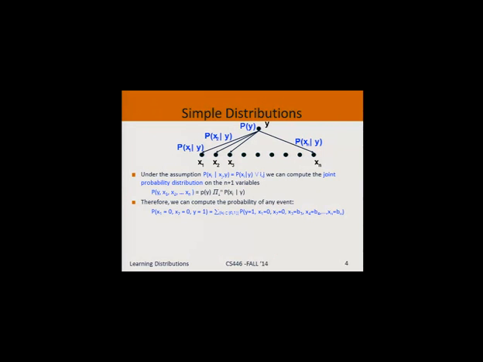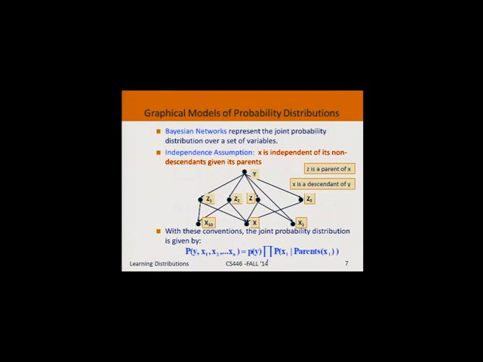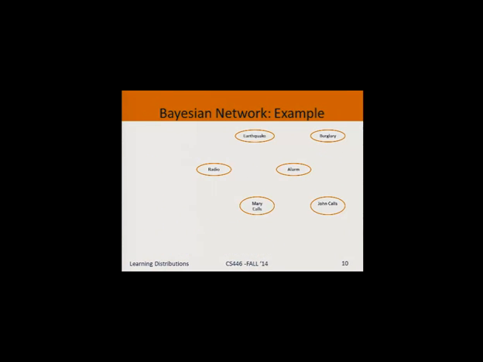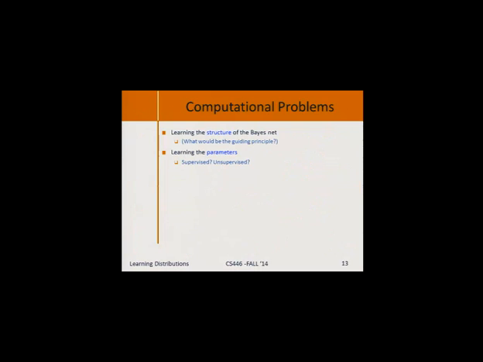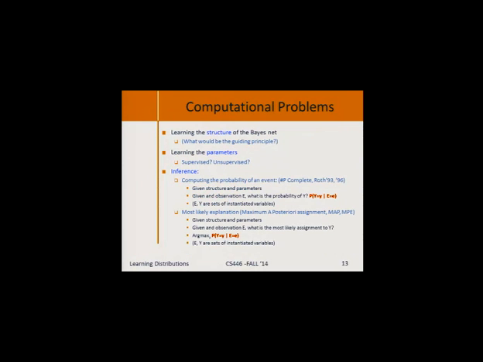If you don't care about n minus 2 variables, as we do here, you only care about 3 out of the n plus 1, it means that you have 2 to the n minus 2 things to care about and to add. Hopefully, there will be a better algorithm than this, and in this case, we show that there is a better algorithm. In general, it turns out that there is no better algorithm. In general, it turns out that this problem is #P-complete. In fact, this was part of my PhD thesis 5 years ago.